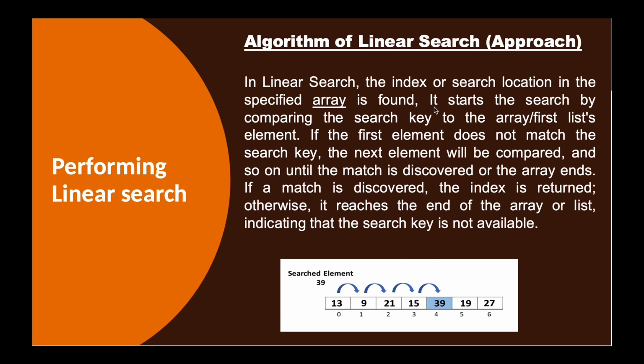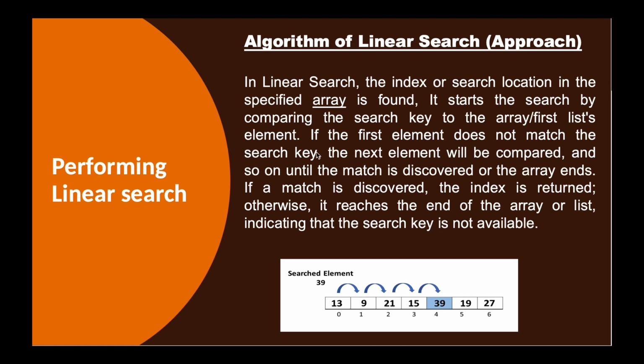It starts the search by comparing the search key to the first list element. So at the bottom here, your search key is 39, so it will start from 13 and keep going until it locates the search key or the search element you are looking for.